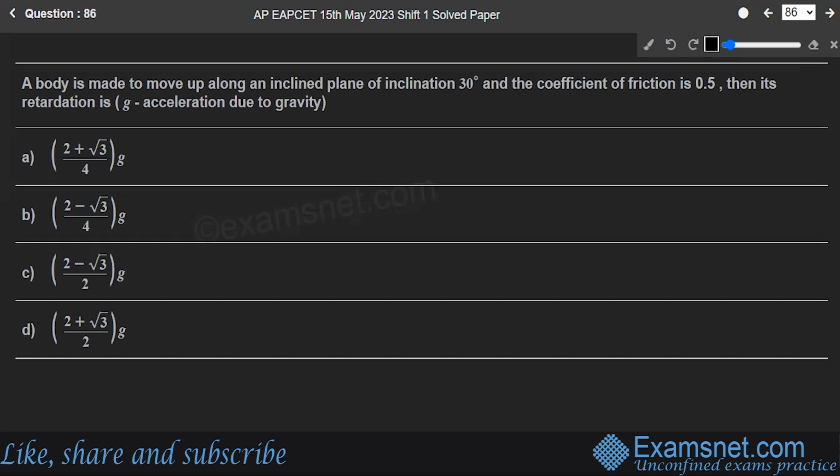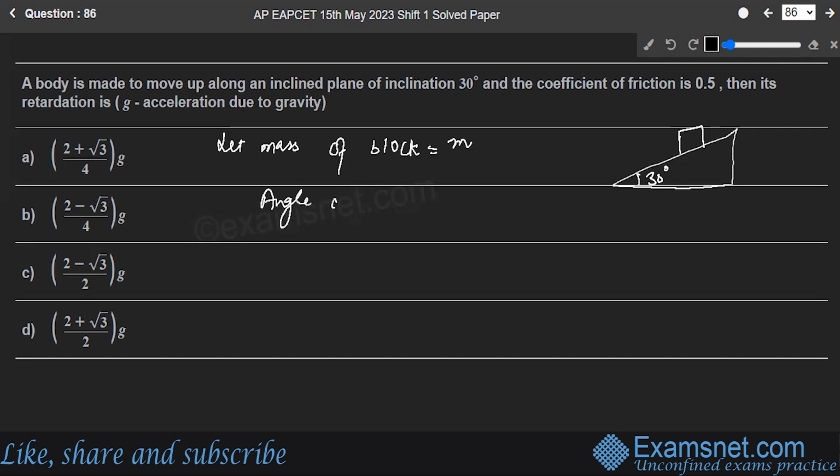See, this is the plane, and there is an inclination of 30 degree for this block which is having the mass M. Let the mass of the block be M. You are given that the angle of inclination is 30 degree and the coefficient of friction is 0.5.